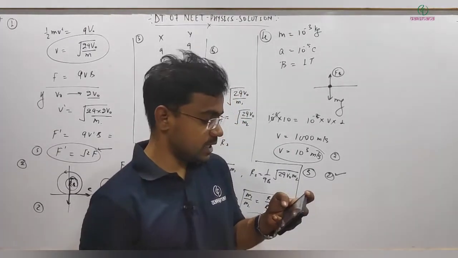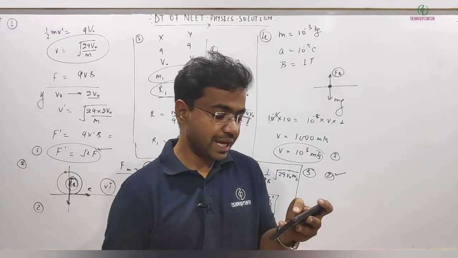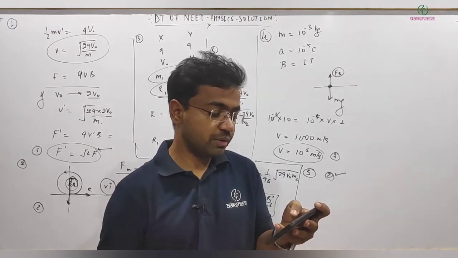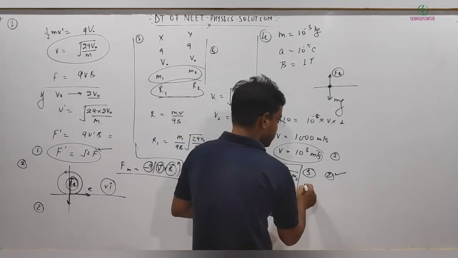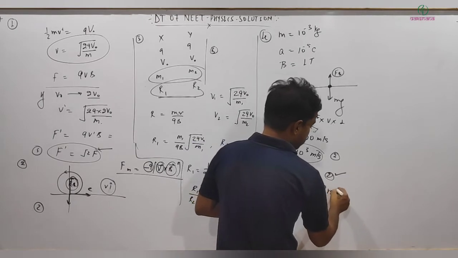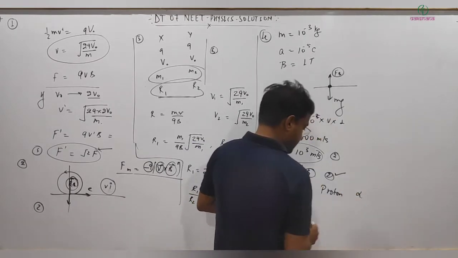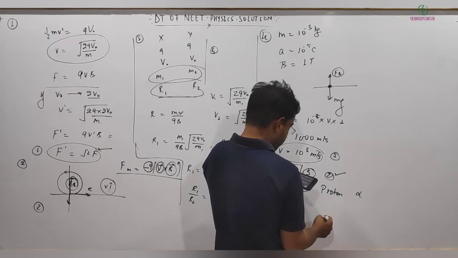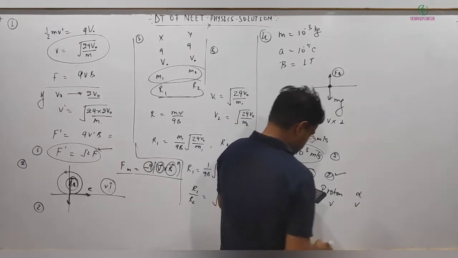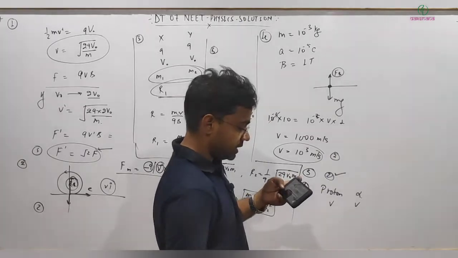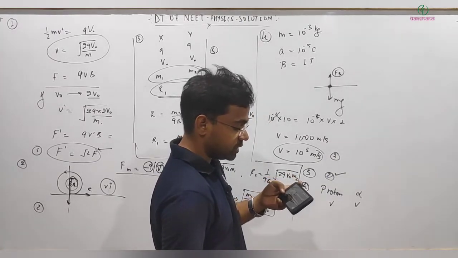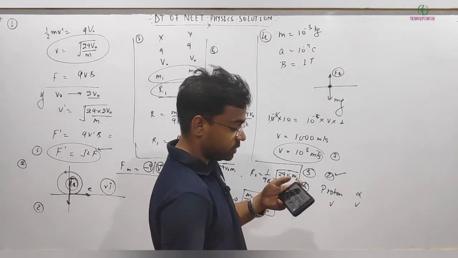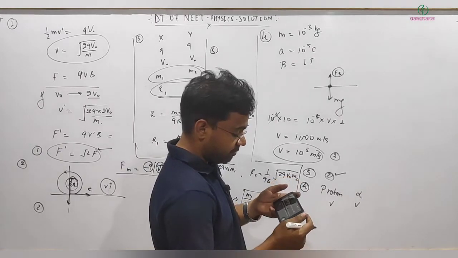Next, question number 6. A proton and an alpha particle enter a uniform magnetic field moving with the same speed v. If the proton takes 25 microseconds to make 5 revolutions, then what will be the periodic time of the alpha particle?